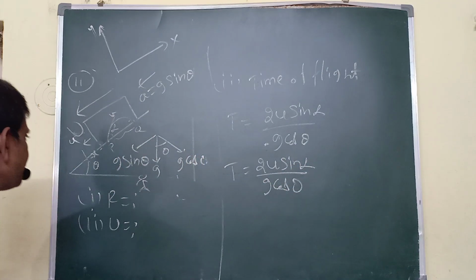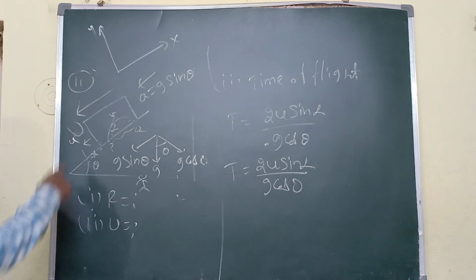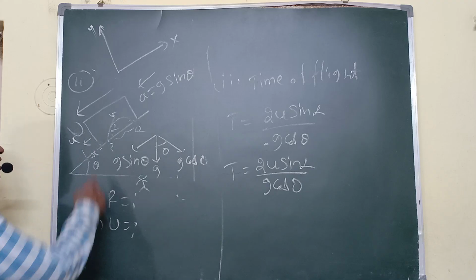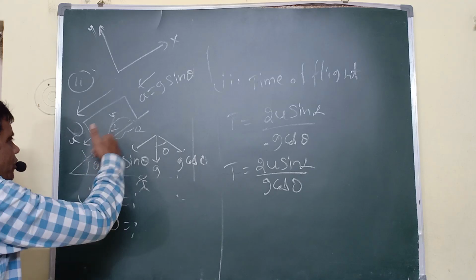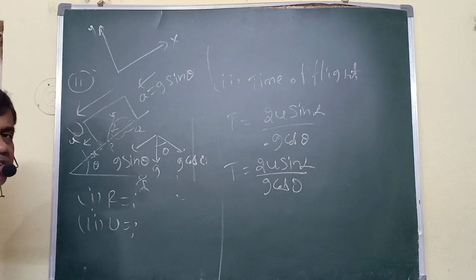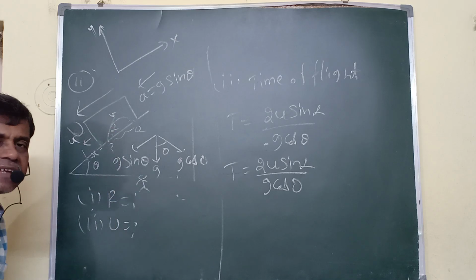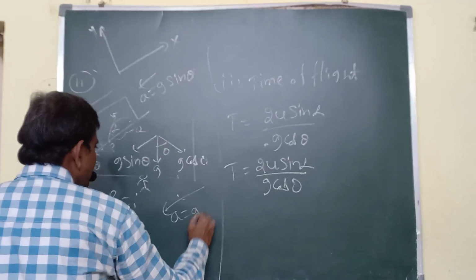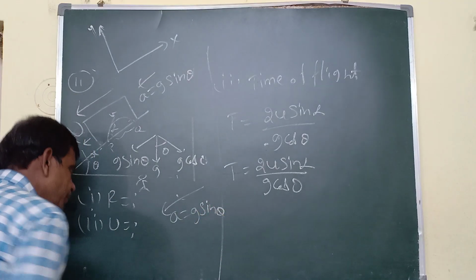Now the time is done. The box is moving at an instant with velocity u, covering distance x, which is the range, in this time. Here the velocity is not uniform, because downward the acceleration on the inclined plane is g sin theta.